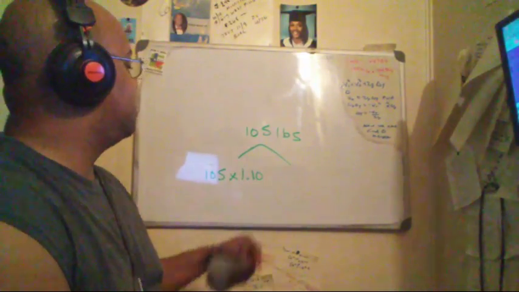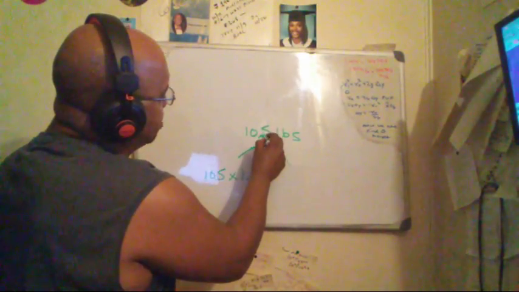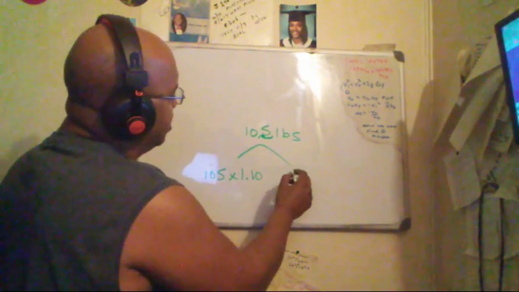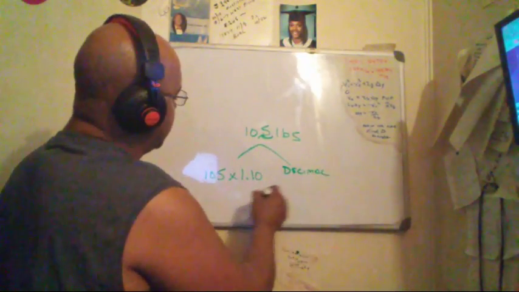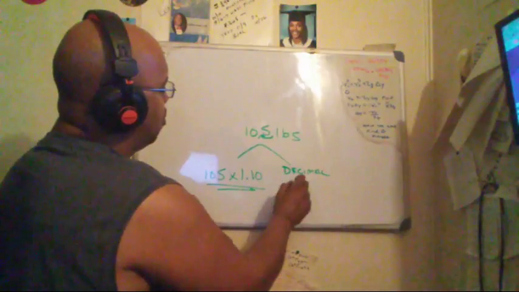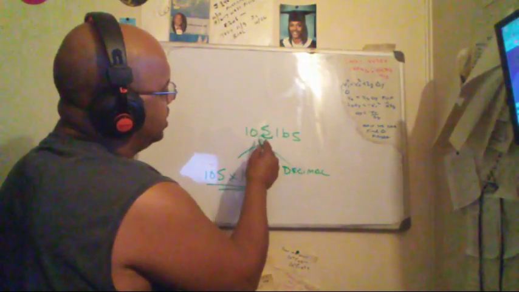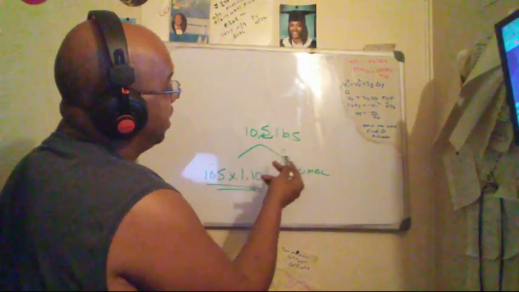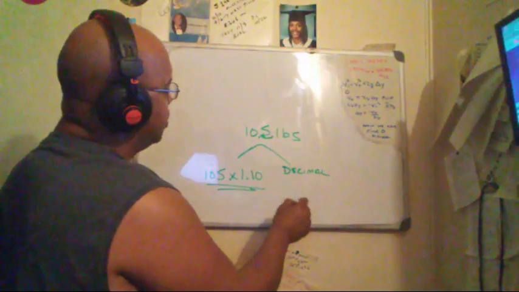Oh, yeah, the other way. If I want to know 10% of any number, all I'll do is move the decimal place over 1 point. So there's the decimal movement method. I can multiply by 1.10, or I can move the decimal over one space, and then add 10.5 to 105.